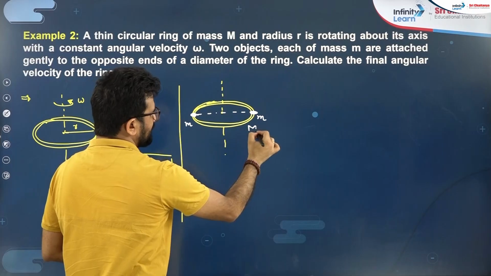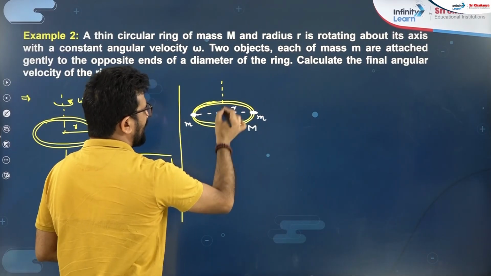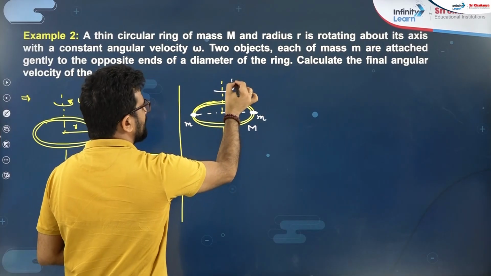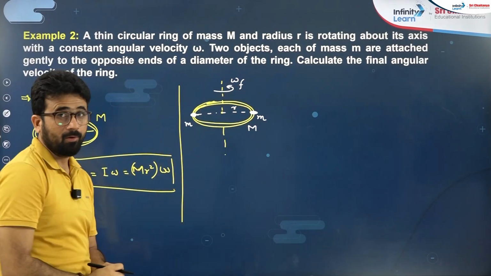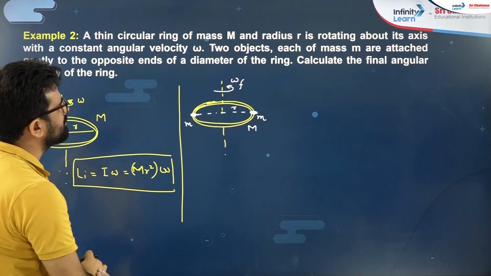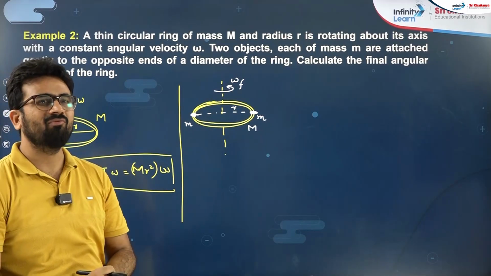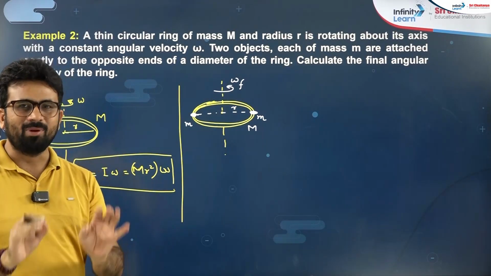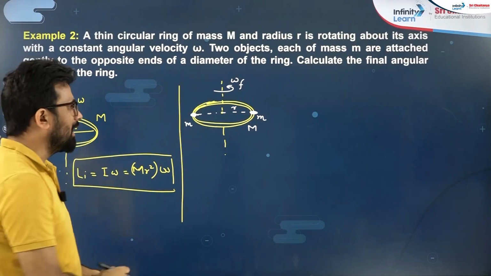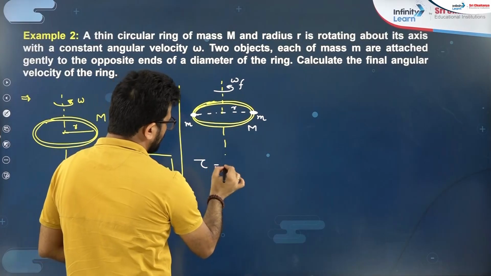The ring mass is capital M and radius is small r. Now it will rotate with some omega final. Both masses are placed gently. Gently means we are not giving any jerk, that means we are not providing any torque. Again the torque is equal to 0.